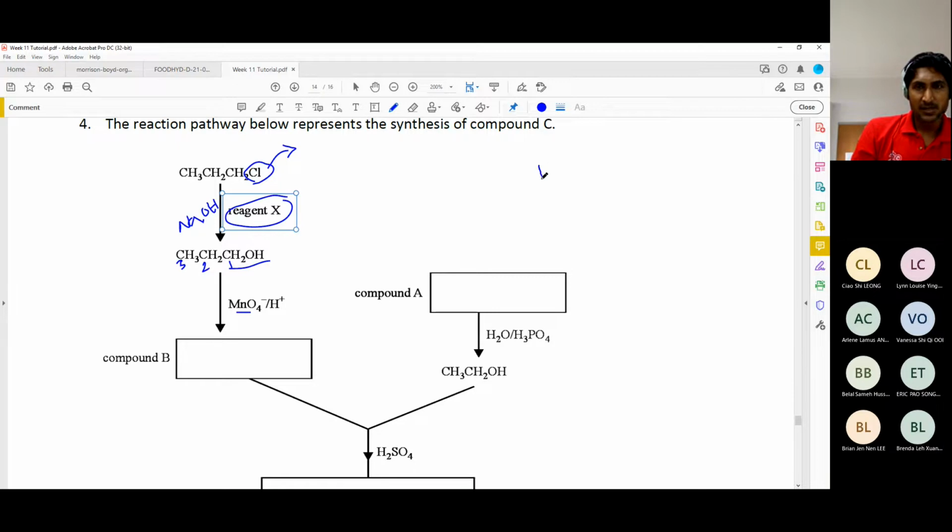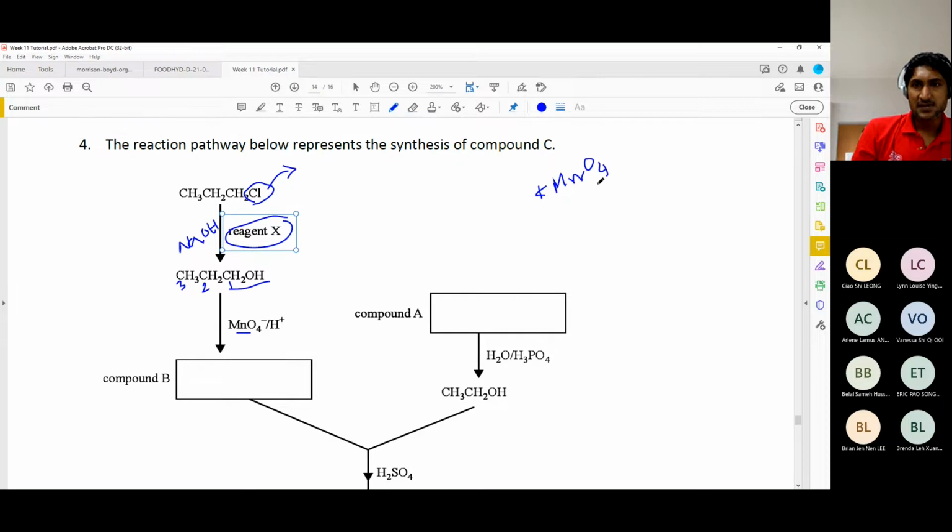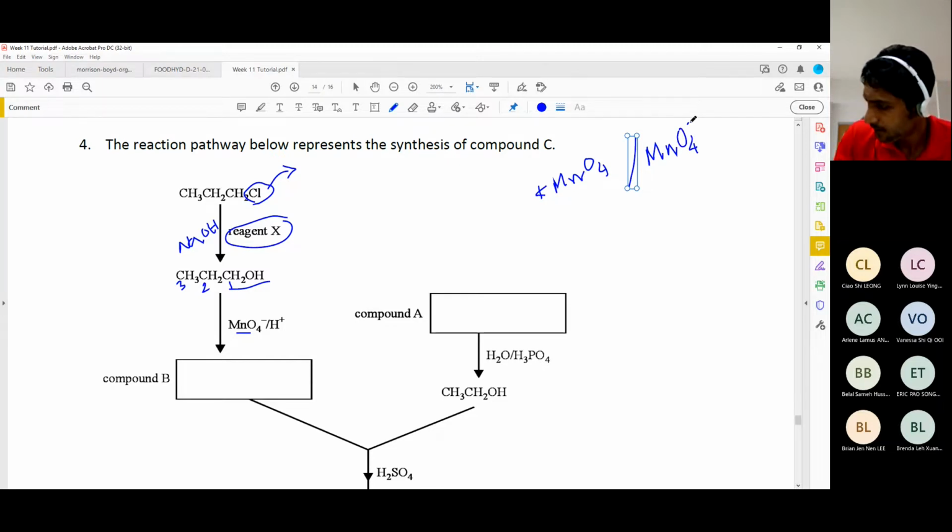Remember that potassium permanganate is KMnO4, or sometimes it is written just MnO4 with a negative charge there.